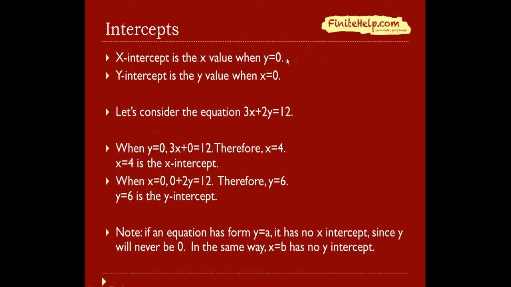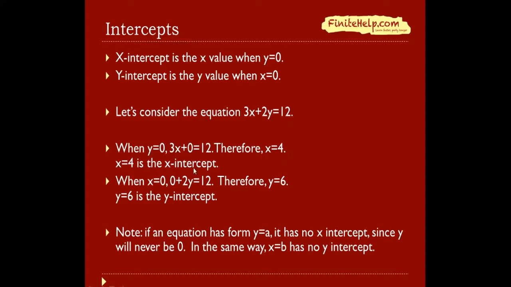The x-intercept is the x value when y equals 0, and the y-intercept is the y value when x equals 0. So if we consider the equation 3x plus 2y equals 12 again, when y is 0, you simply put 0 in for y, so 3x plus 0 equals 12. When that happens, x equals 4. So x equals 4 is the x-intercept.